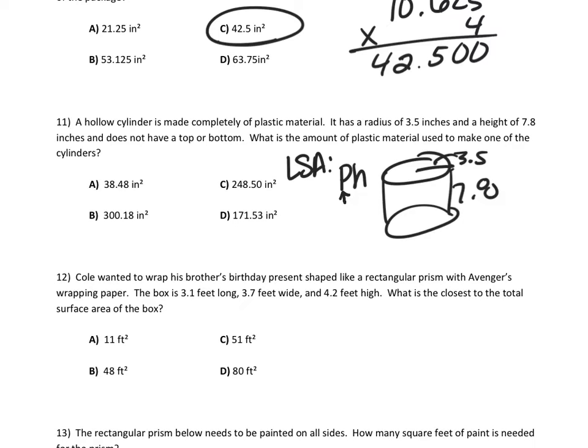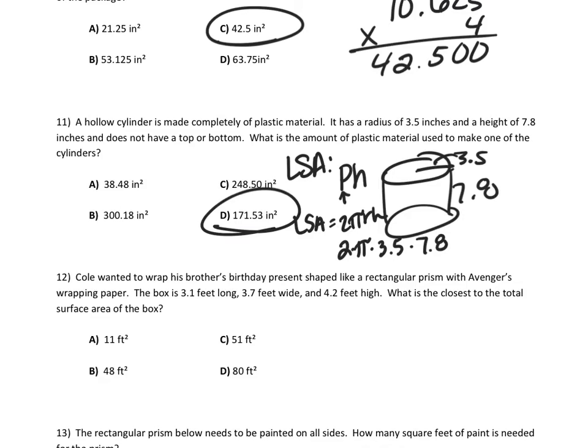You can do 2 pi r h. So 2 times pi times the radius, which is 3.5, times the height, which is 7.8. And if you plug that in your little calculator, you should have gotten 171.53. Okay.